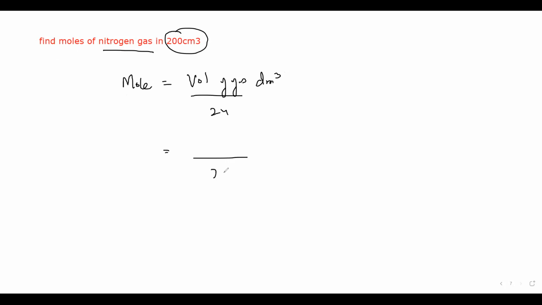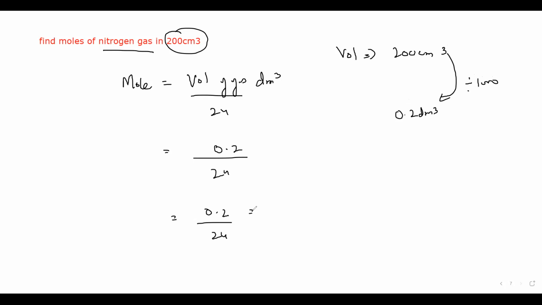So here 24 is fixed, but volume in this question is given as 200 cm cube. So we have to convert into dm cube. So we divide by 1000. When we divide by 1000, it will be 0.2 decimeter cube. So this will be 0.2, and 0.2 divided by 24. What's the answer for 0.2 divided by 24? 0.008. So 0.008 moles will be there for this gas.